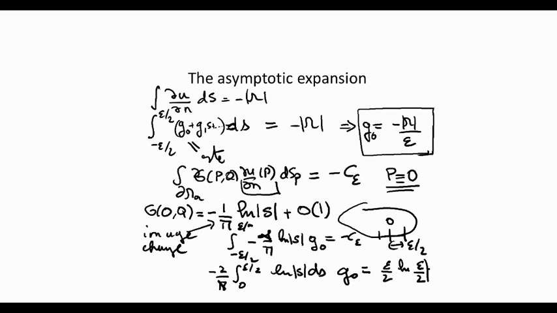So this is in the leading order, multiplied by 2 divided by pi multiplied by J0. Alright, so let's continue.